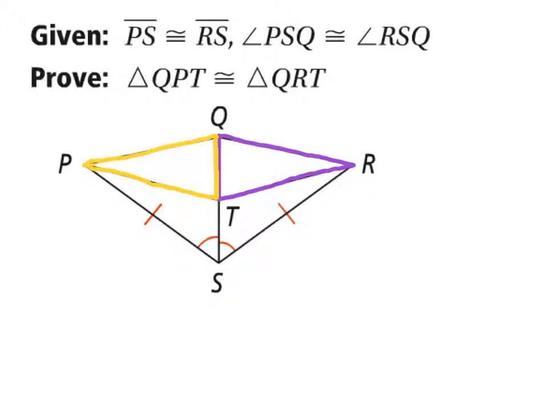The problem is the two sets of givens that we have aren't part of those triangles. So we're going to have to do more. So we need to somehow use those givens.